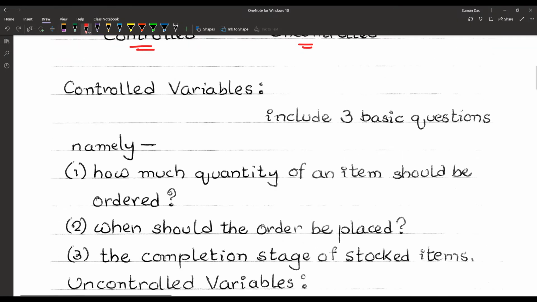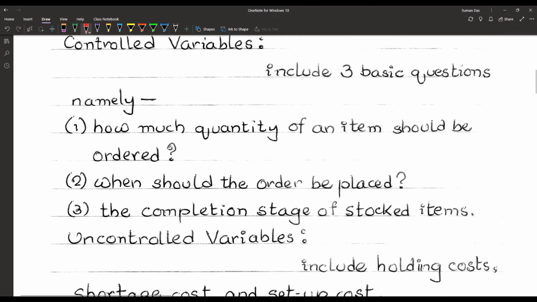Let's check the control variables. When we are discussing the control variables, they include three basic questions. Number one, how much quantity of an item should be ordered?